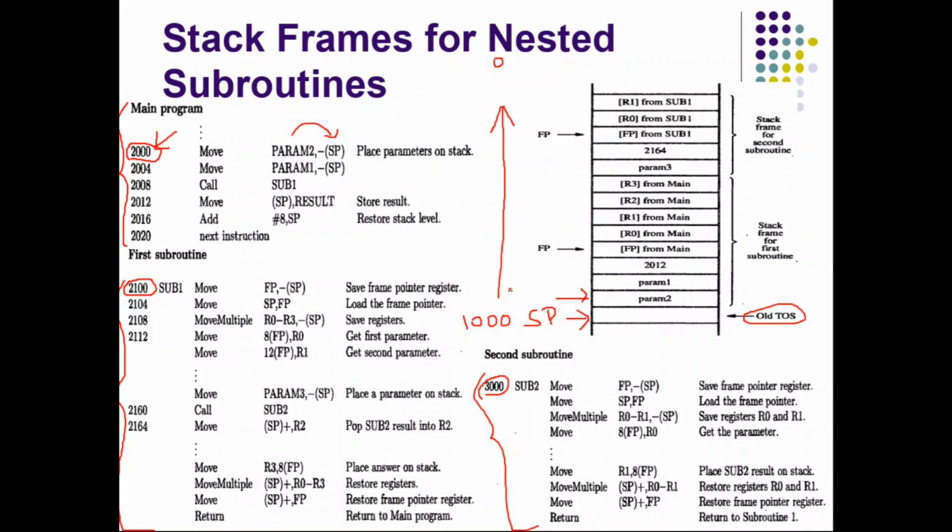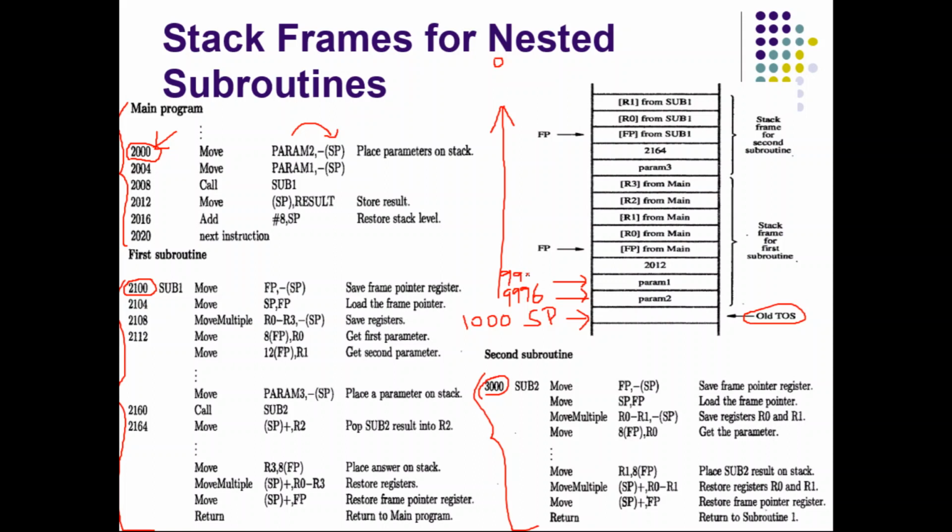Parameter 2 will be stored in location 9996, and then the next statement is move parameter 1, again pre-decrement of SP. So now the stack pointer is pointing here and parameter 1 is passed in location 9992.